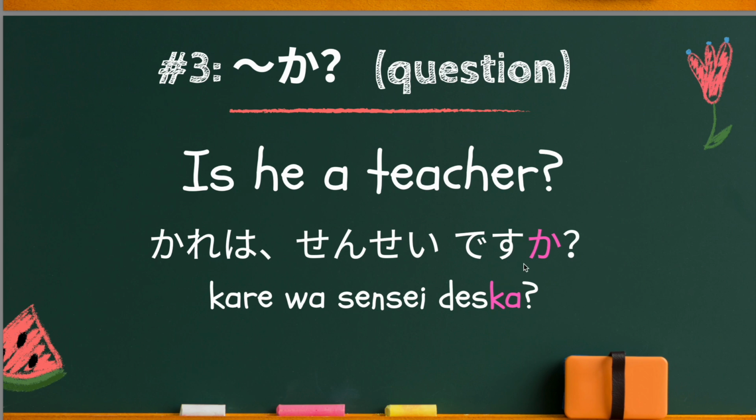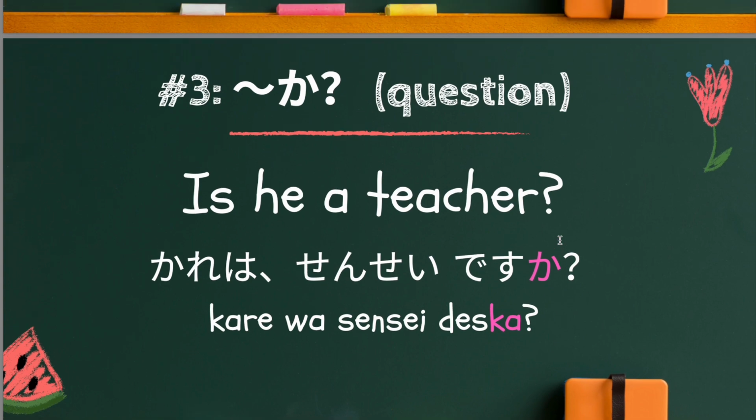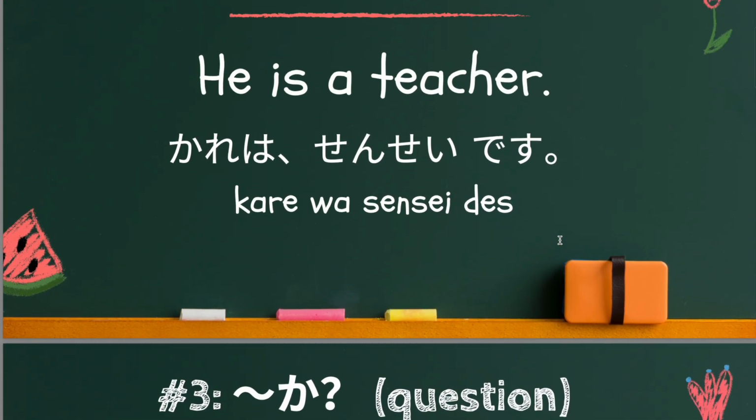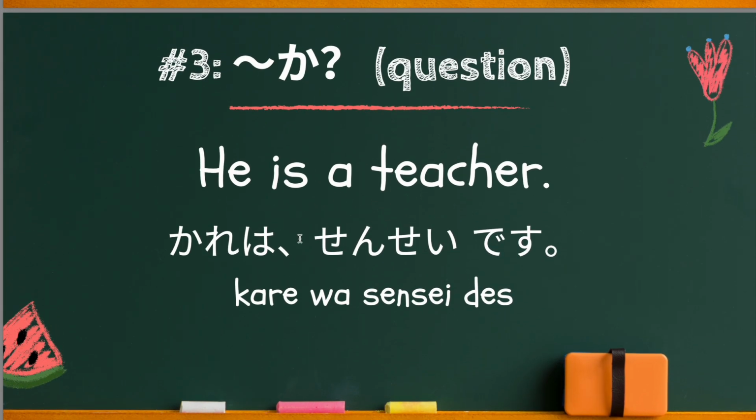So, as you can see, nothing has changed except for this very end. I have just added ka at the end. Other than this, nothing has changed. So, he is a teacher is 彼は先生です. But if you want to ask a question, is he a teacher?